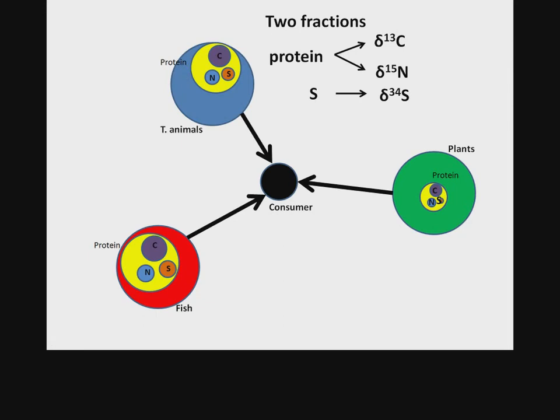And if you look at typical concentrations of sulfur-bearing amino acids in protein, you will notice that for food groups such as the meat of terrestrial animals or fish, the proportions of sulfur-bearing amino acids in the protein of terrestrial animals and fish is typically much higher than the values observed in plants.